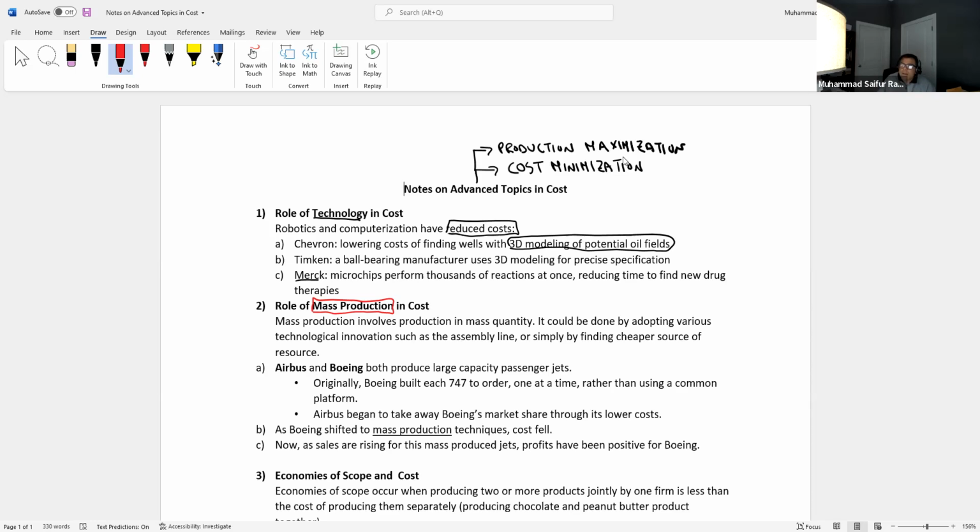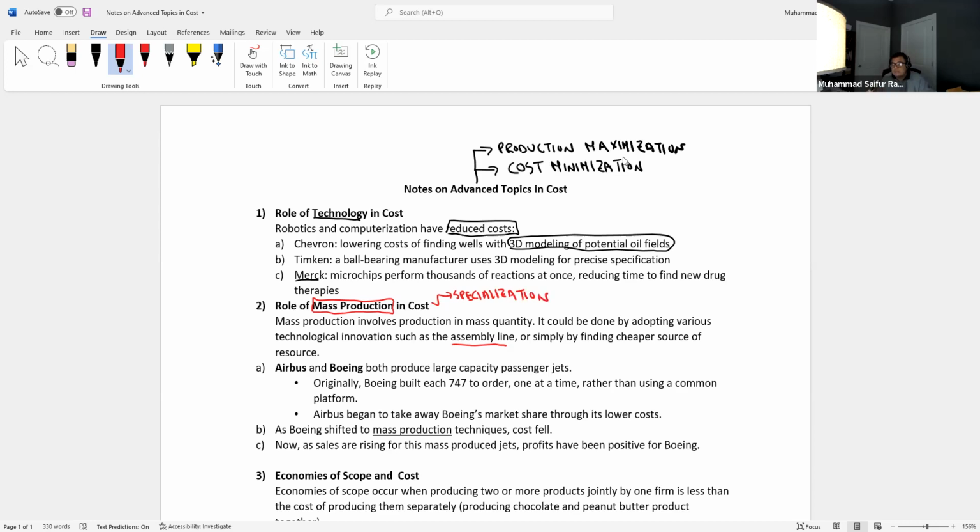Okay, and the classic example of mass production is the utilization of the assembly line, which Ford popularized in the 1920s. And the beauty of mass production is that there can be specialization of your labor force, where you basically allocate one person towards conducting one specific activity.